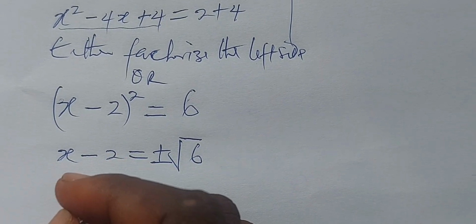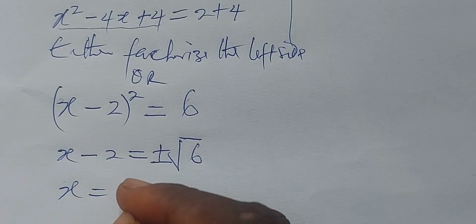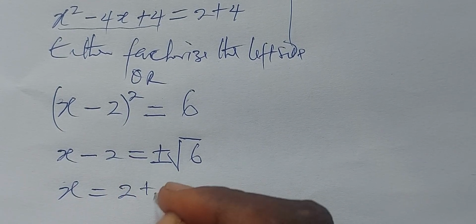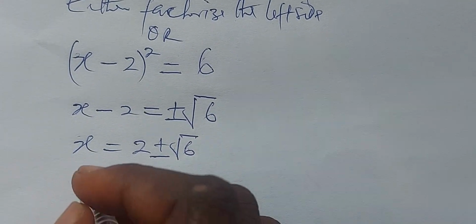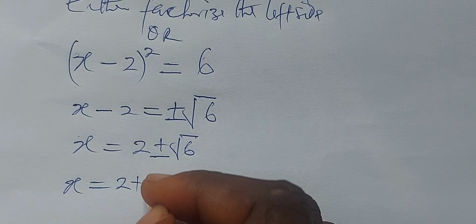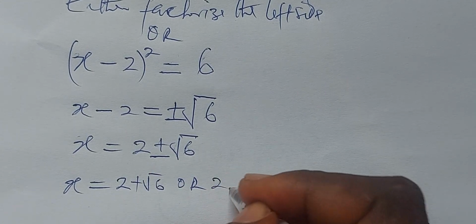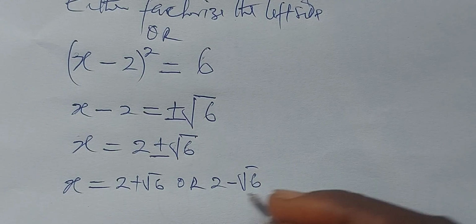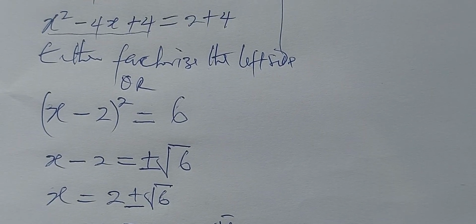And so your x equals, if minus 2 is crossing, positive 2 plus or minus the square root of 6. Simplified further, x equals 2 plus the square root of 6, or 2 minus the square root of 6. If you use your calculator to simplify it further, that is the answer you will have.